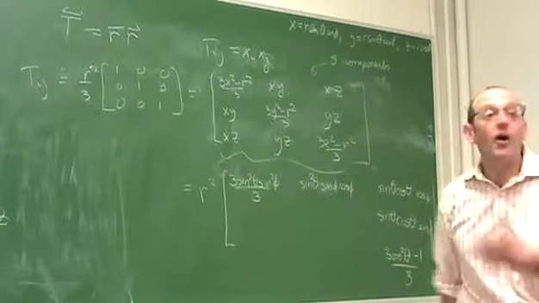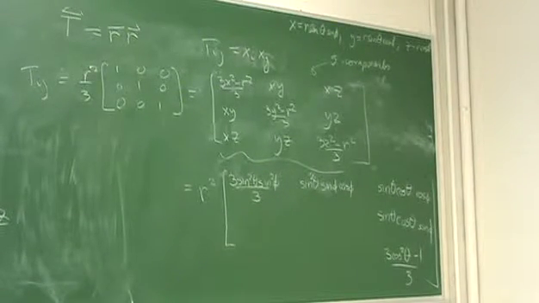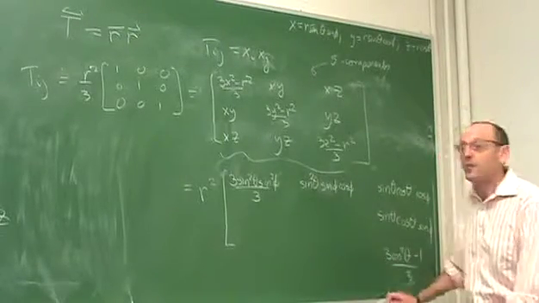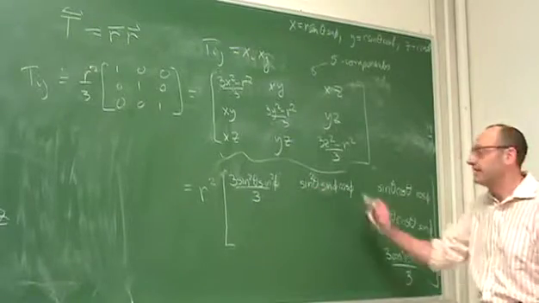So these are 5 angular dependencies. This middle guy is just minus the sum of these, and these are equal.